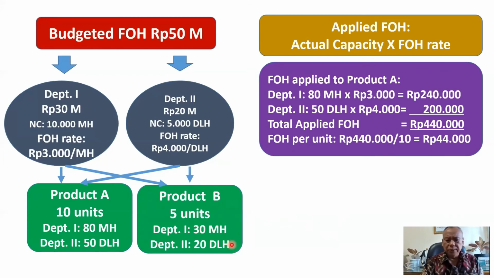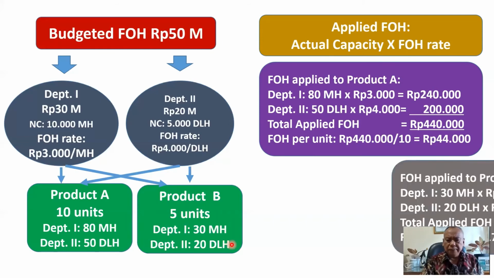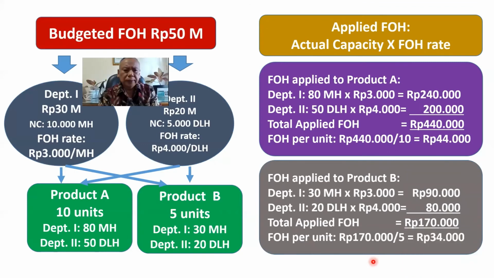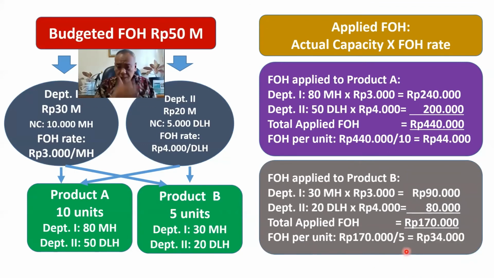And then we can calculate the factory overhead cost applied to product B. Department 1, 30 machine hours times 3,000, and then we find 90,000. Because we use 30 machine hours, the rate is 3,000.